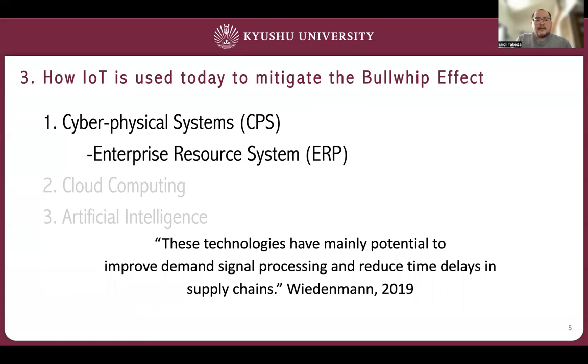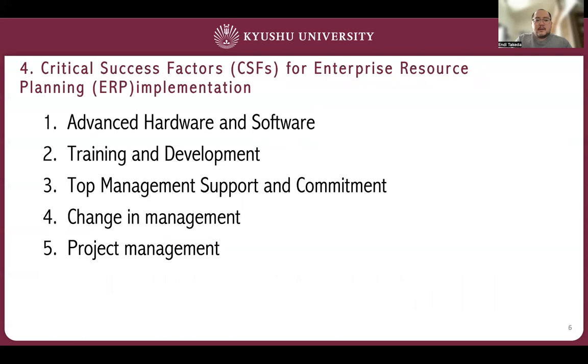Now that we've talked about which technologies are going to be applied, there is some research in the literature on what the critical success factors are to implement the ERP in a company.